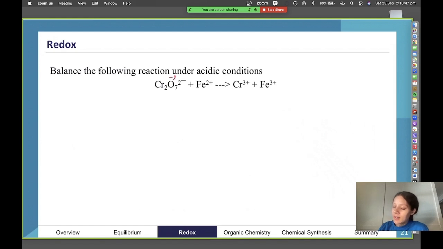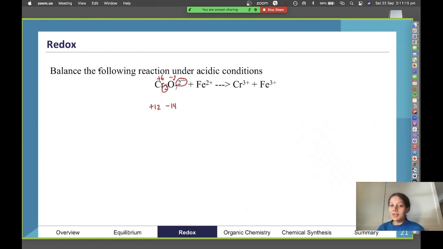We would assign that a -2. Now we have 7 oxygens, so that gives us a -14 all up from oxygen. And we want to get it all the way up to -2. So we have 2 of our Cr. If we want to get that up to -2, we need to add 12 positive. And because we have 2 of these atoms, that means each one is a +6. So hopefully that process makes sense there.